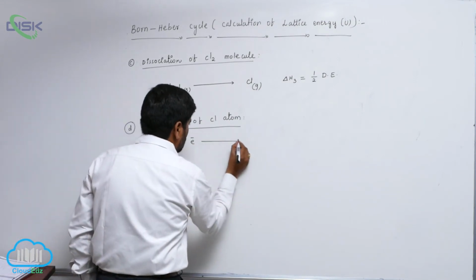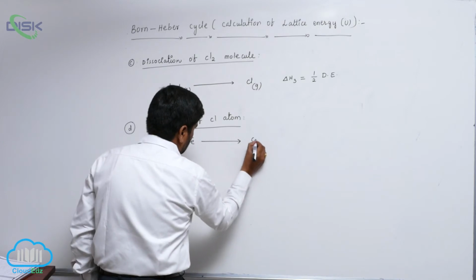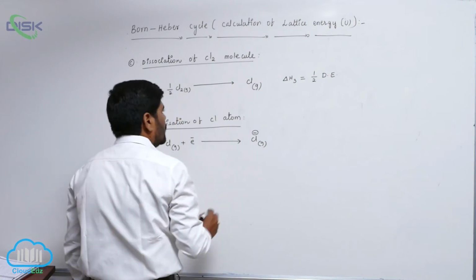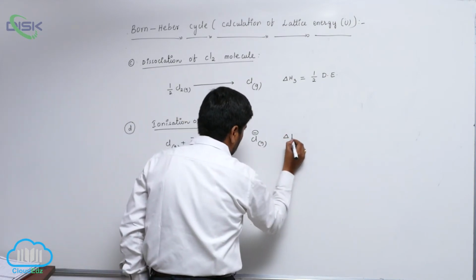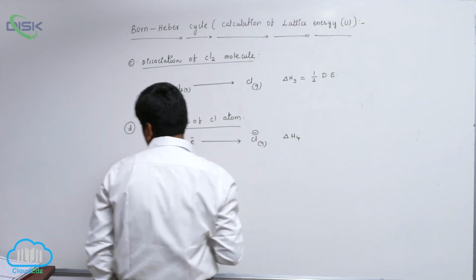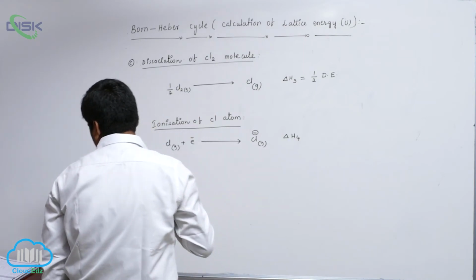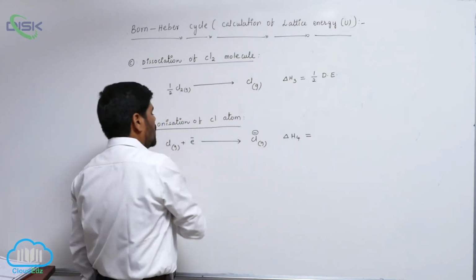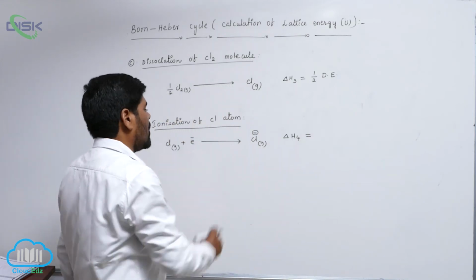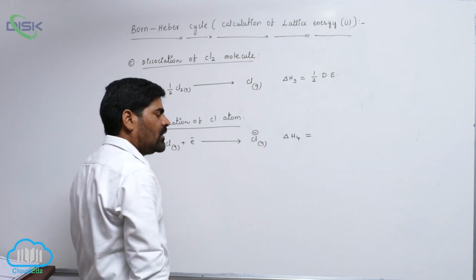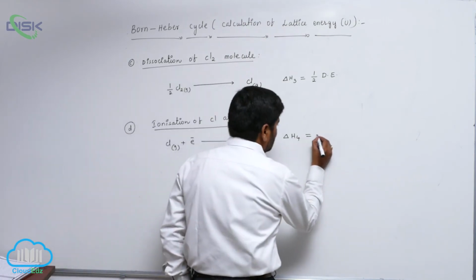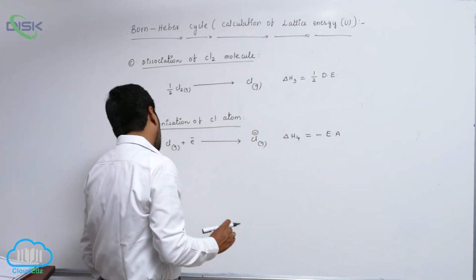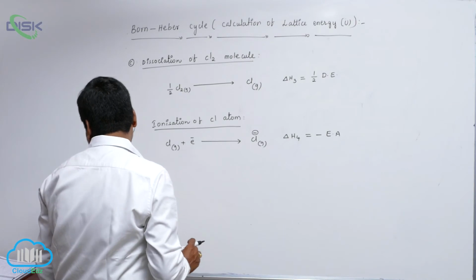Now it converts into which one? Cl minus gas. Now this is delta H4. So therefore delta H4 equals, here some amount of energy is released due to the addition of an electron. So this is minus Ea, known as electron affinity.